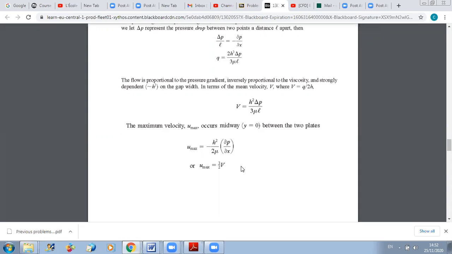If they give you 10 meters, you multiply by 10 to find the corresponding flow rate. But surely the average velocity and the maximum are independent of the width. Whatever width you take, you will obtain the same U max and the same average velocity, because you don't have variation in depth.